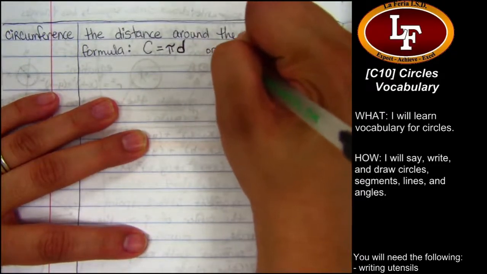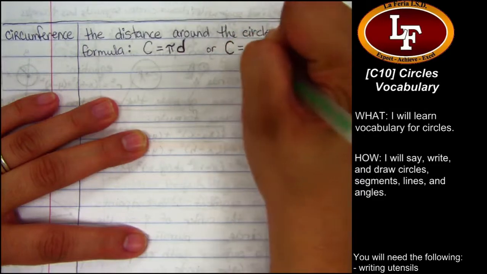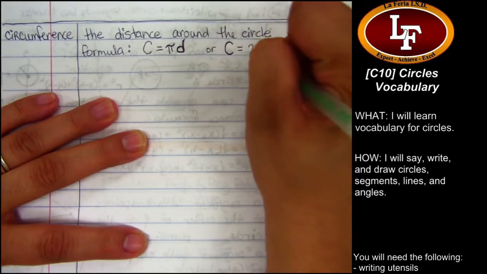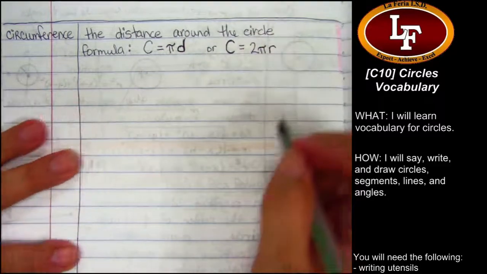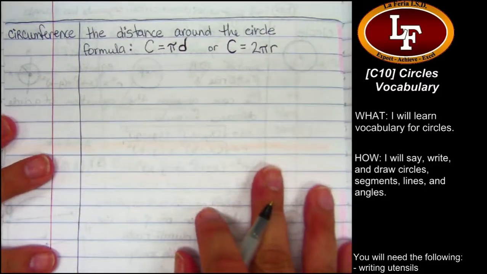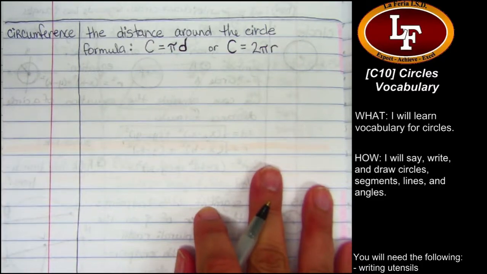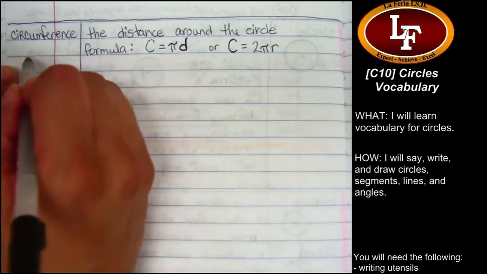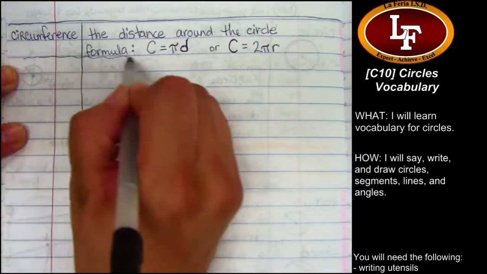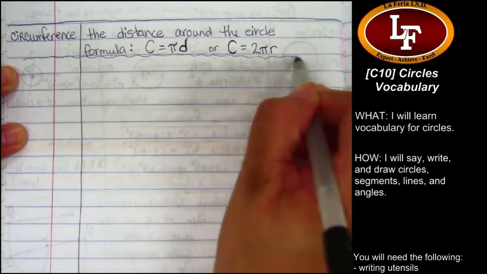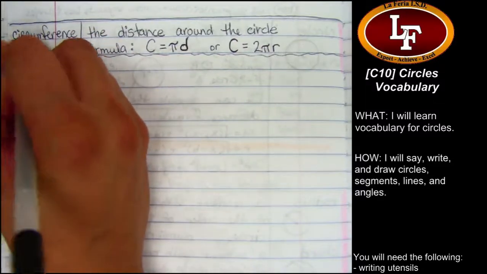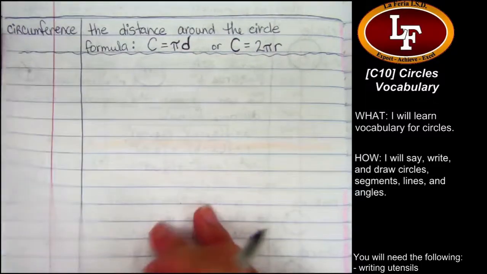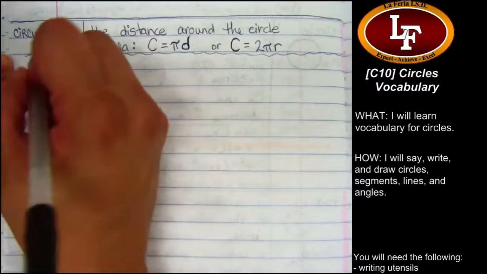Or you can use the formula, capital C for circumference is the same as 2 times pi, again pi is just a number, times r, which is the measure of the radius. Okay, we'll do some more problems soon regarding the circumference, and we'll be playing with it a little bit later with our definitions.